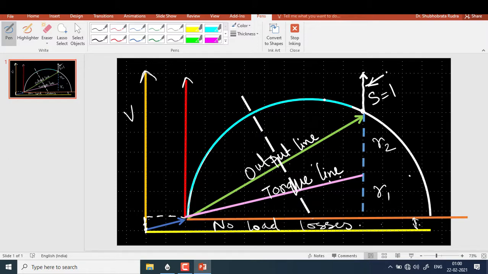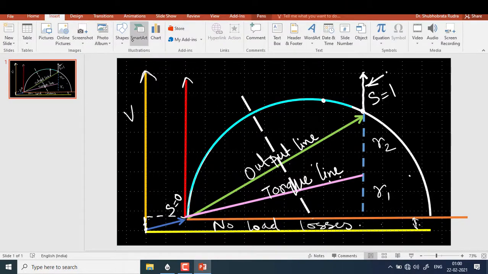When the machine speed goes from S equal to 1 to S equal to 0, at any point on this circle, this vertical distance gives you the corresponding value of power for any value of slip.